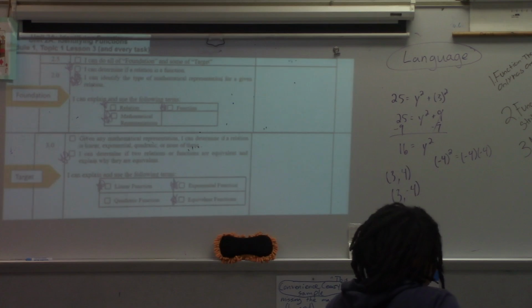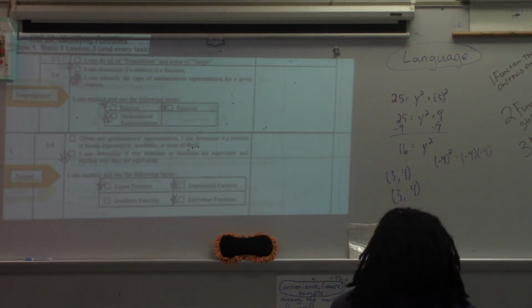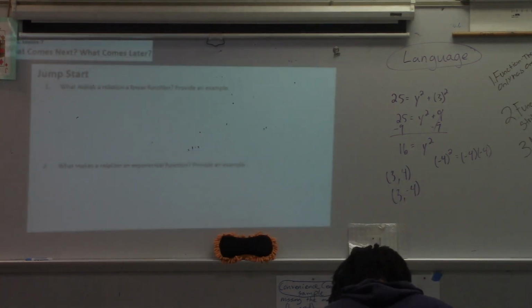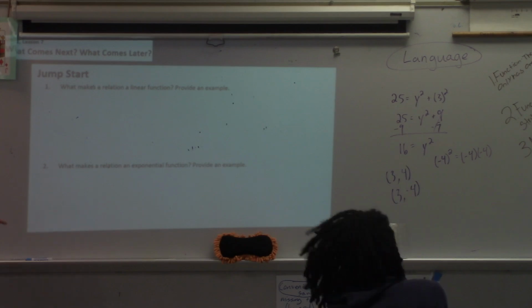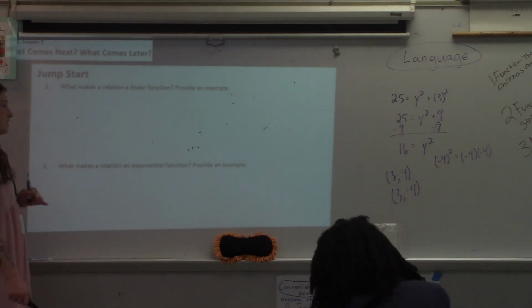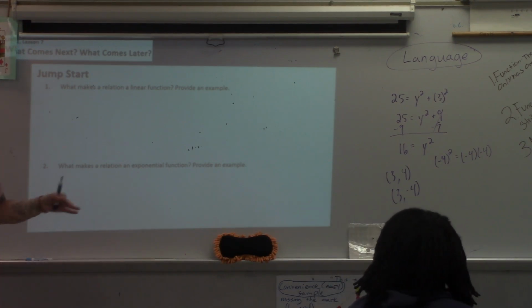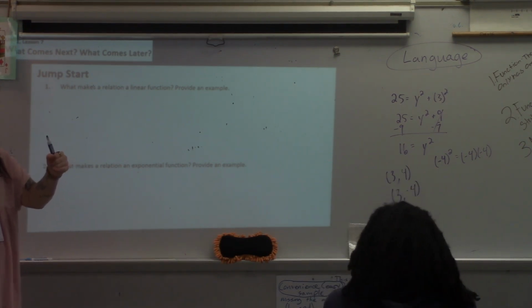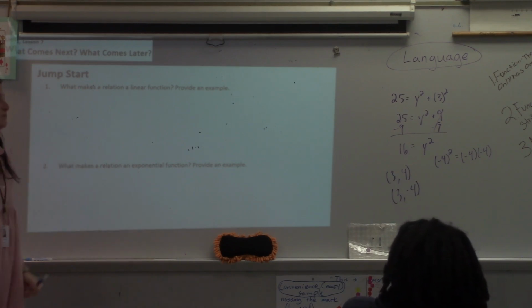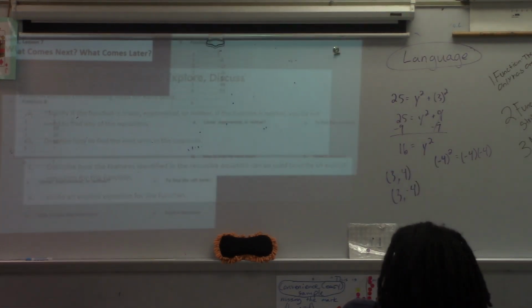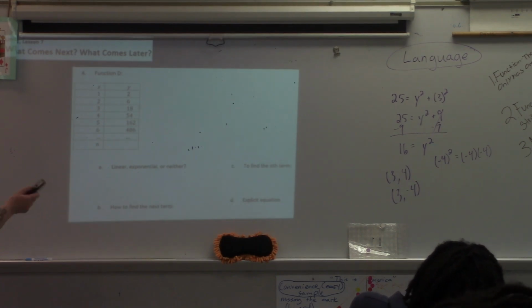Alright guys, we're about to run through this. Done, talked about that. Perfect, yesterday we talked about what makes a relation linear, what makes a relation exponential. We now know it's not a relation, it's a what? Function, perfect. Alright, number 4.